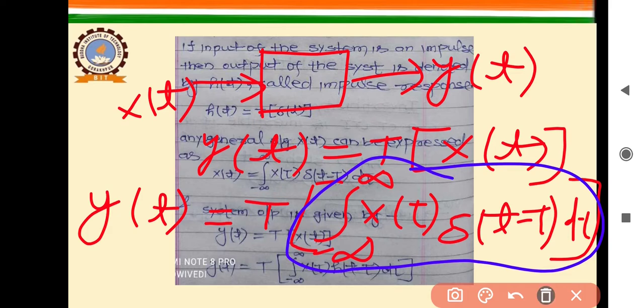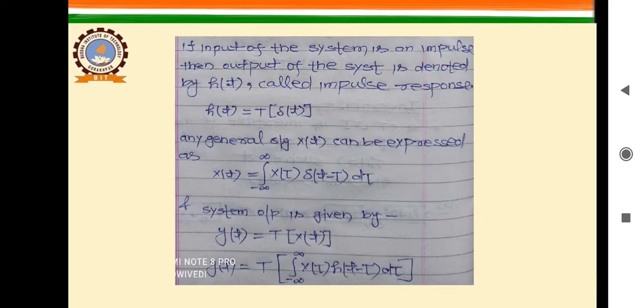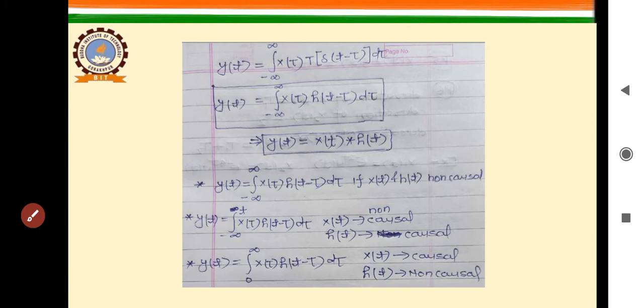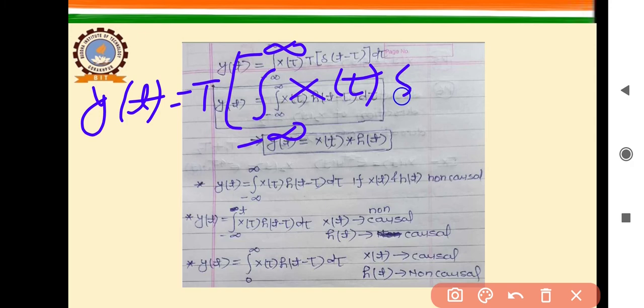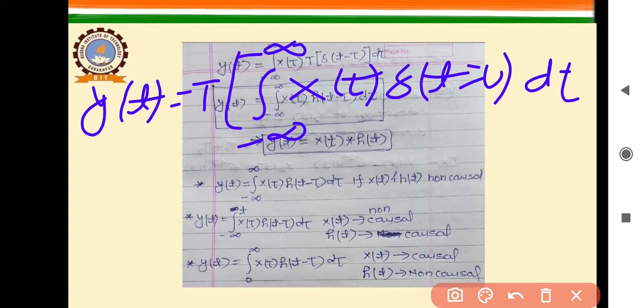Remember, then y of t is equal to the transformation of this signal, x of tau delta of t minus tau d tau. Here x of tau is the amplitude of the signal at instant t equal to tau.